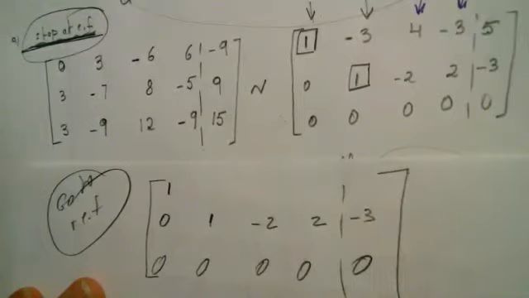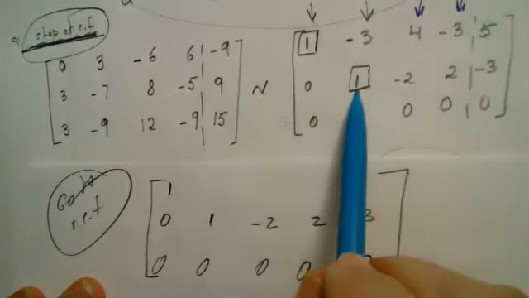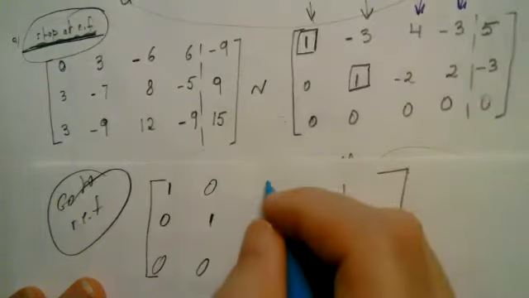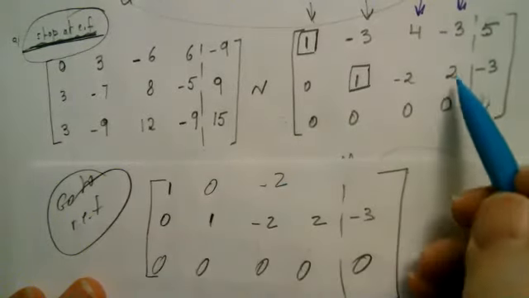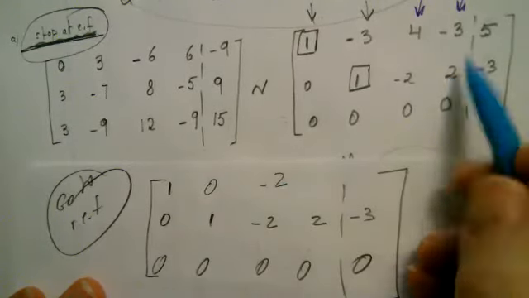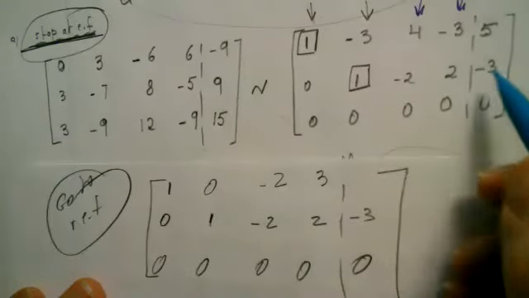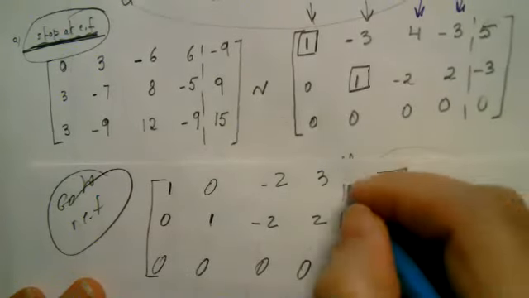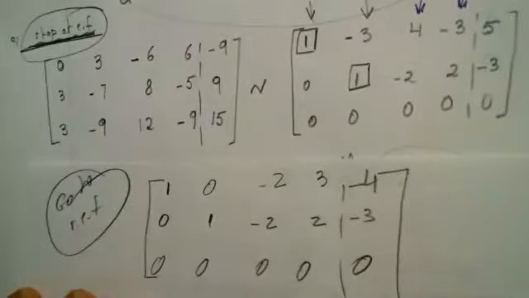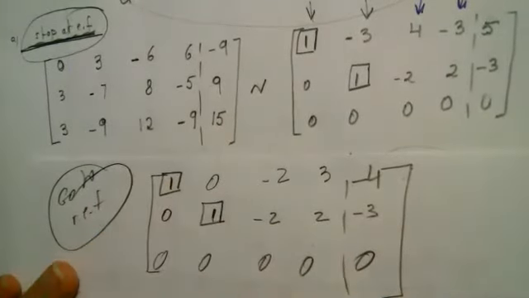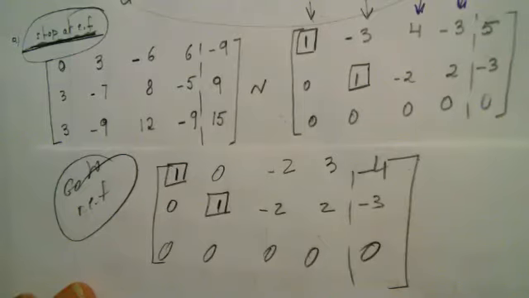It's the first one, so I have to multiply by 3 and add. That gives me a 0. Minus 6 plus 4, minus 2. 3 times 2, that's a 6. Minus 3, that's a 3. And here I'm multiplying by 3, which gives me minus 9 plus 5, which is a minus 4. So now I proceed exactly as before.